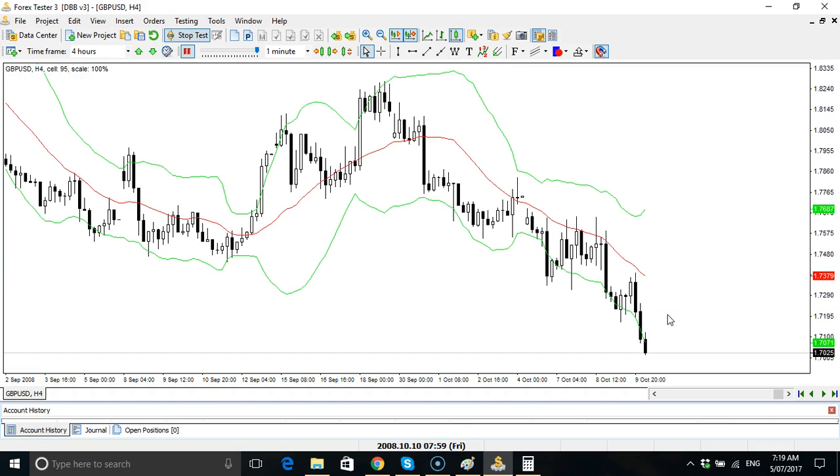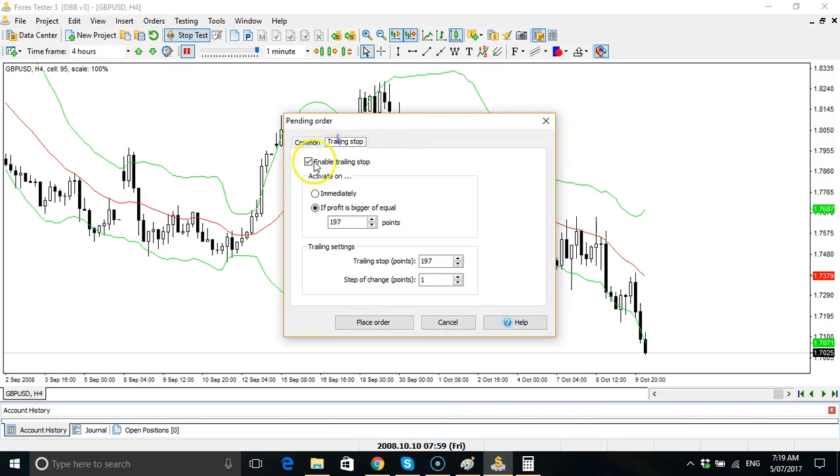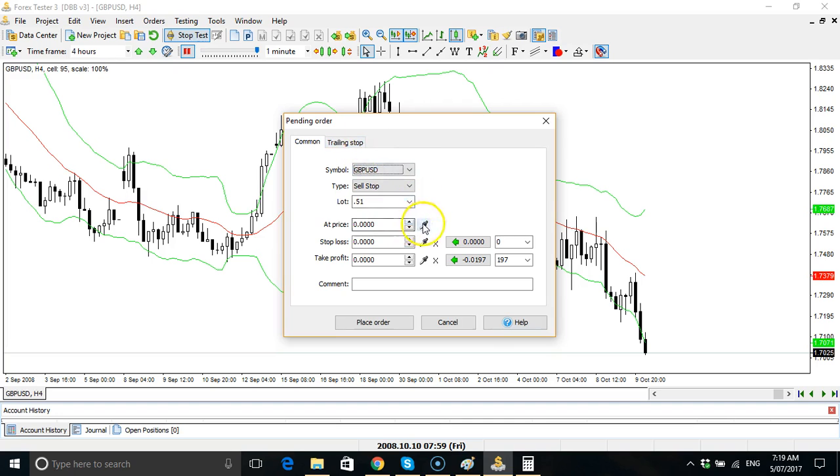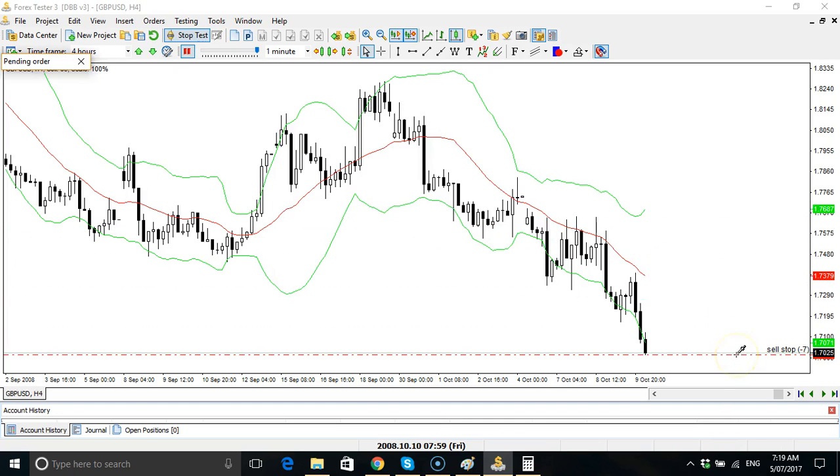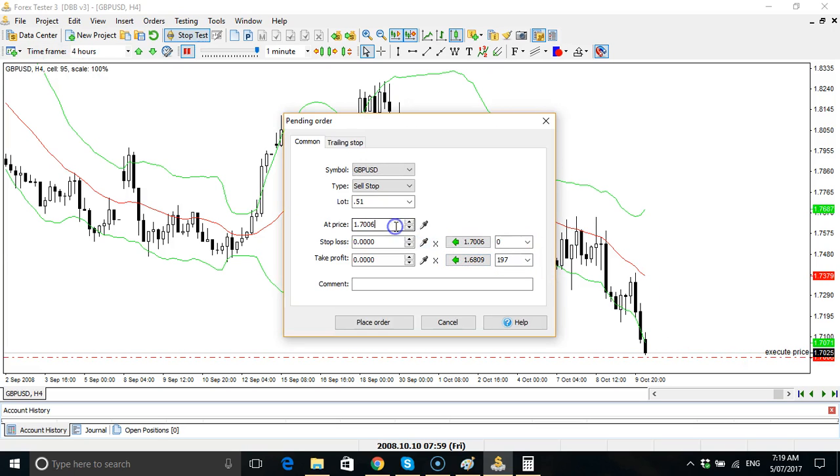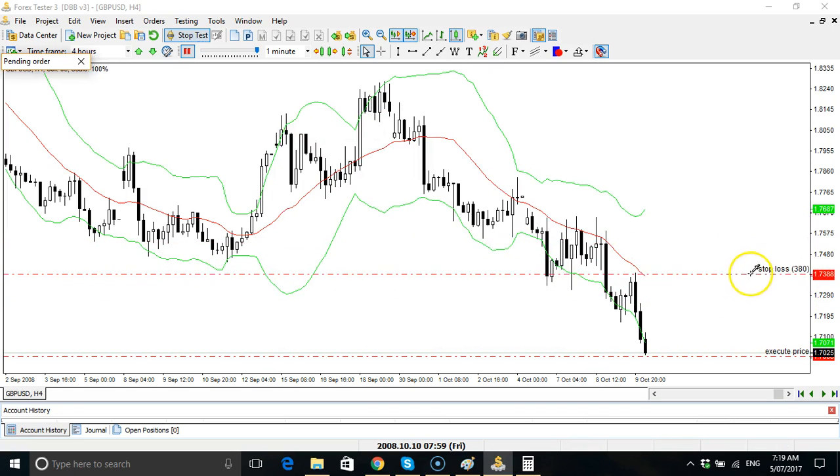Now we watch the bands. Bam. Okay. Alright. Place it below the low. Okay, that's 10 pips below.